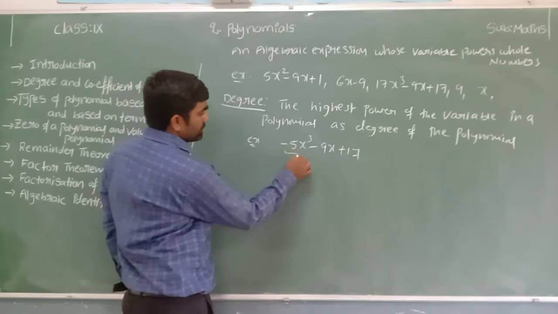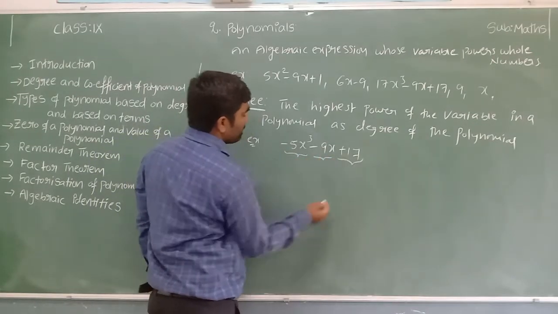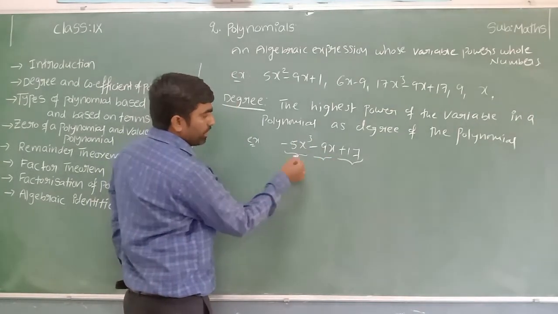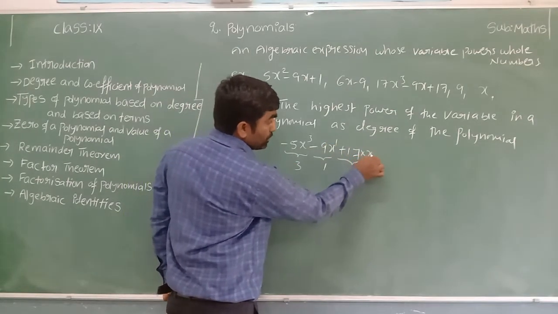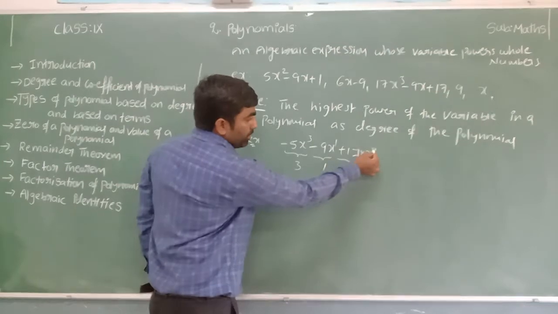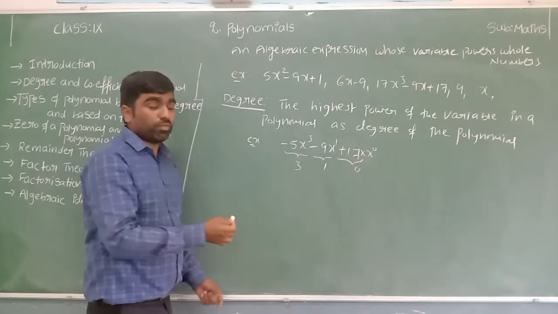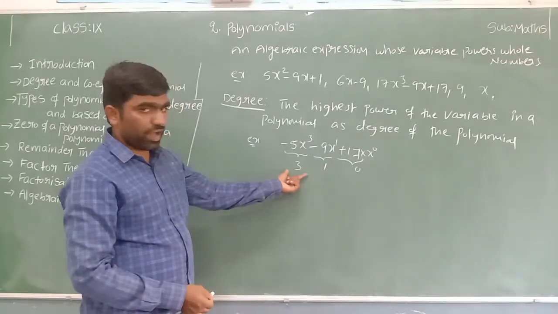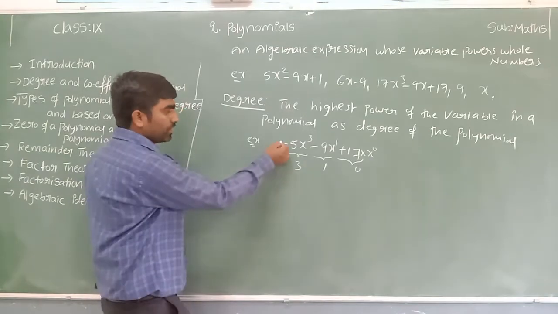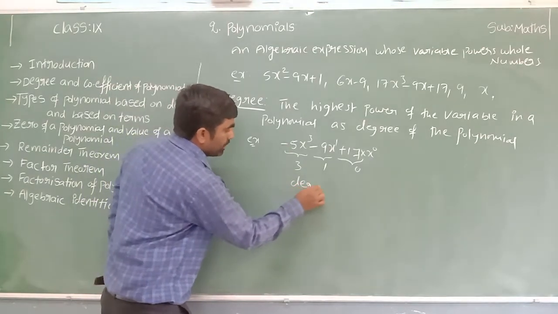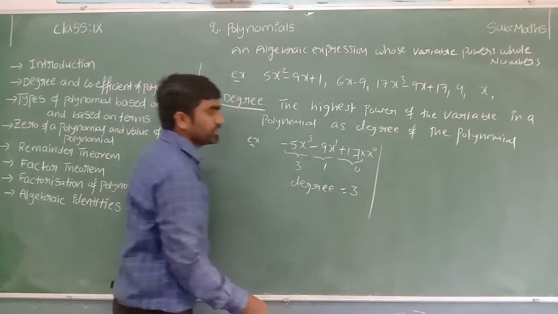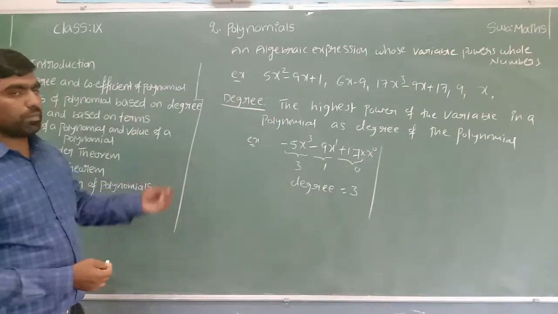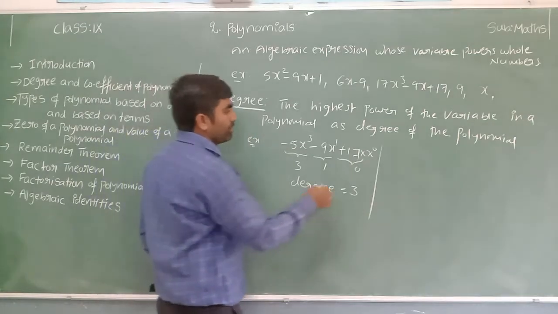The first term's variable power is 3 and the second term's variable power is 1. For the constant I told you to write it as into x to the power of 0, so the third term's variable power is 0. Now tell me, what is the highest power? The highest power is 3. So the degree of this polynomial is equal to how much? Degree is equal to 3. That is the way to find the degree of the polynomial. Let me take one more example.